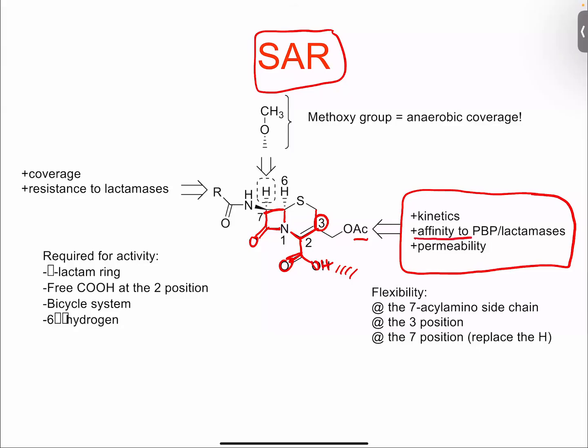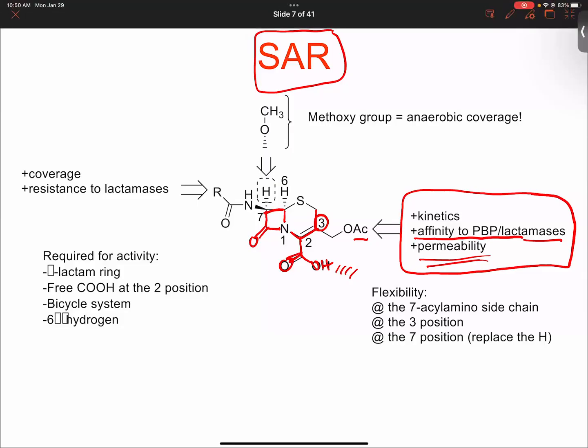Then these other concepts, affinity to the penicillin binding protein, affinity to the lactamases, and then permeability issues are all relevant when we talk about the 3 position and modulating different moieties at that 3 position. Okay. We'll talk more about that on Wednesday. I think we're good for now.